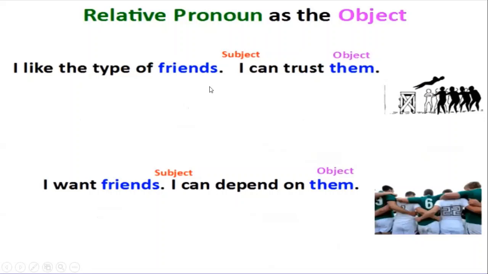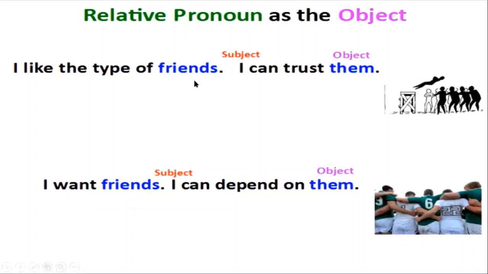Can you guys try to put these two sentences together now that we have an object? By using... I like the type of friends what I can trust. Again, I like the type of friends what I can trust. All right. Why what?